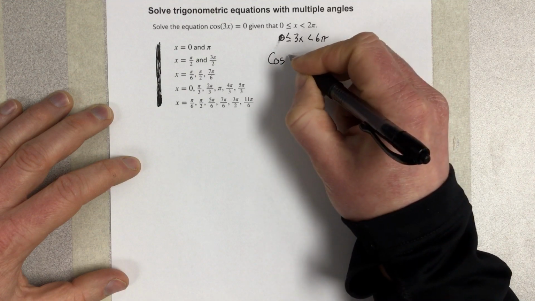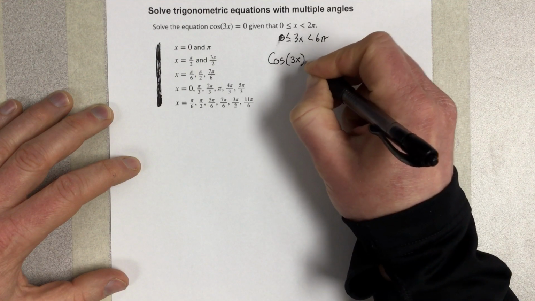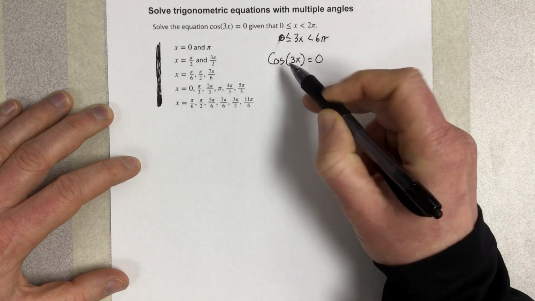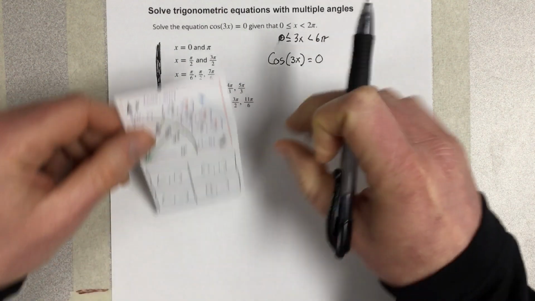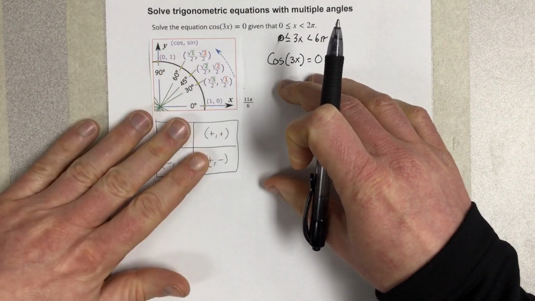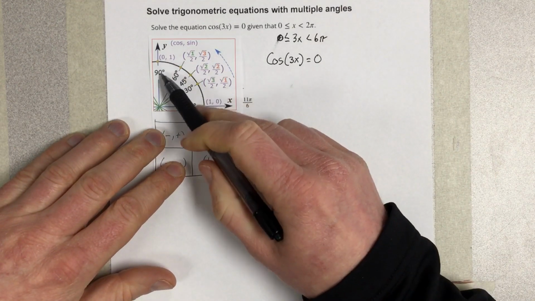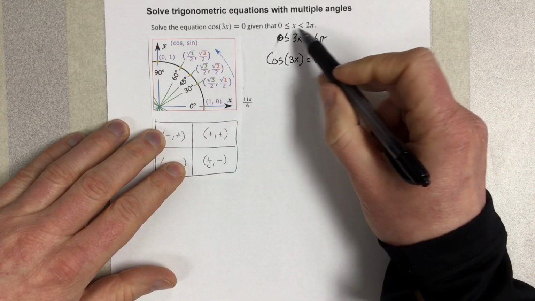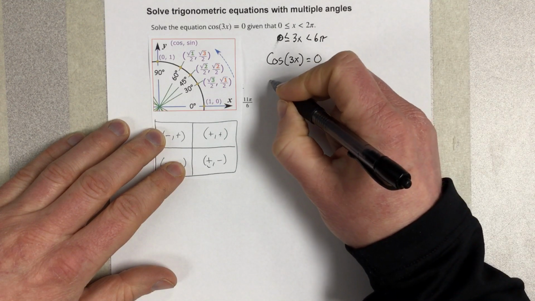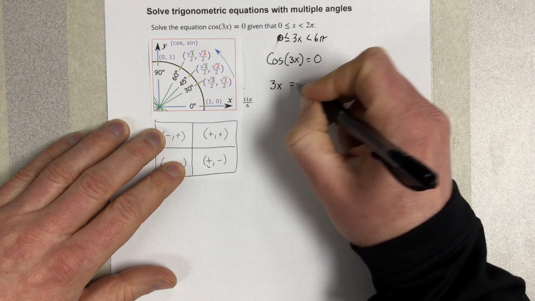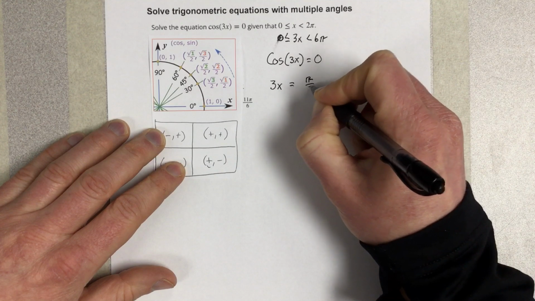That's cosine 3x equals 0. When does cosine equal 0? Well, I know that cosine is equal to 0 at pi over 2 or 90 degrees. Now they want it in radians, so we're going to use pi over 2 here. So we're going to say that 3x is equal to pi over 2.